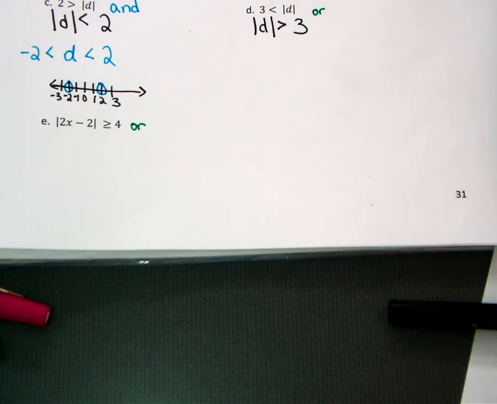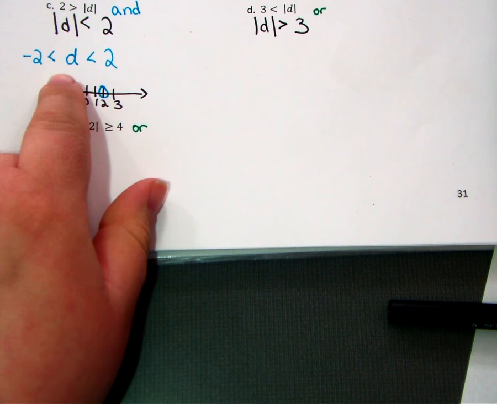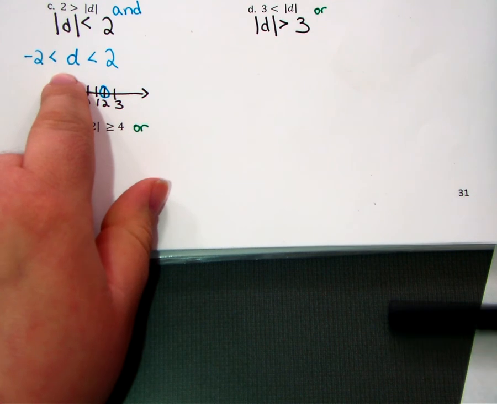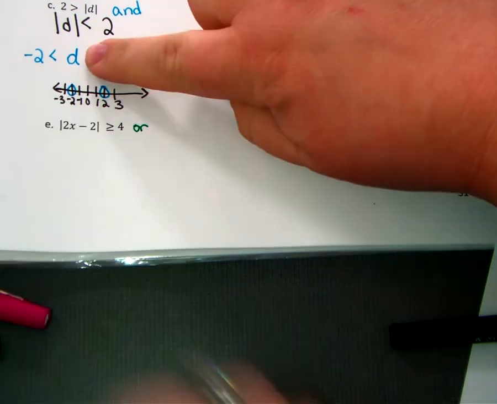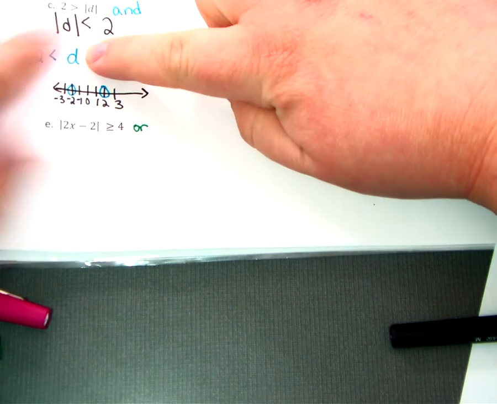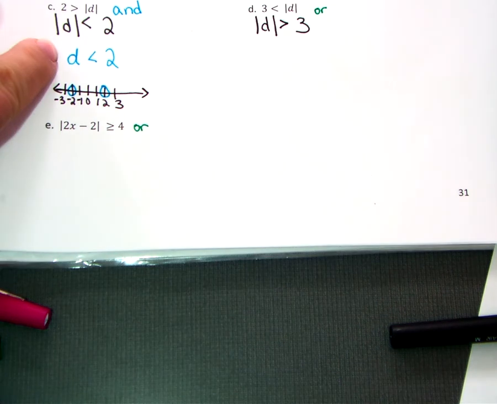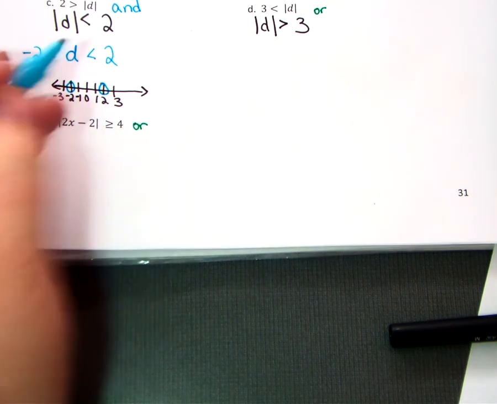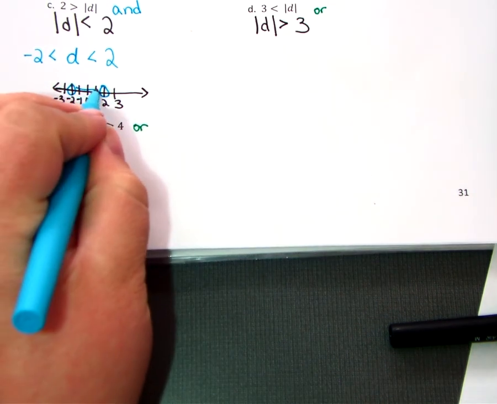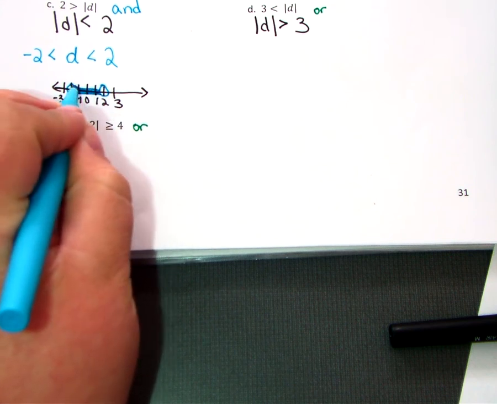Now, because this represents an and problem, pick a number between these dots, like 0. If I put 0 in here, does it make sense for both inequalities? Is -2 less than 0? Yes. And is 0 less than 2? Yes. So I'm going to shade in between. Remember, don't take for granted that all AND problems get shaded in between.